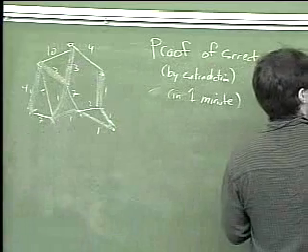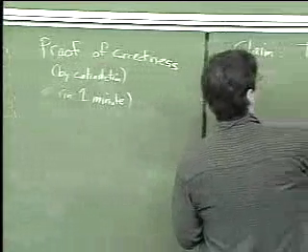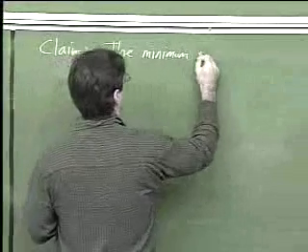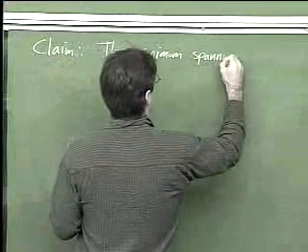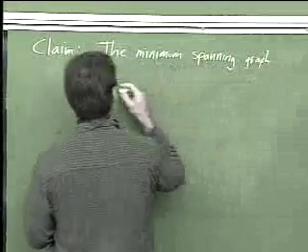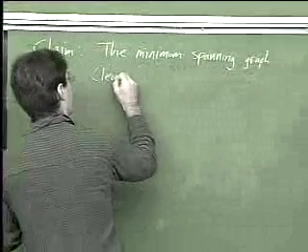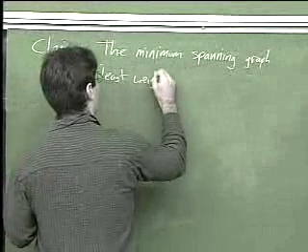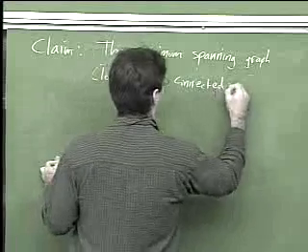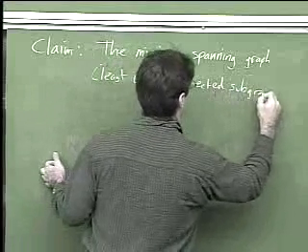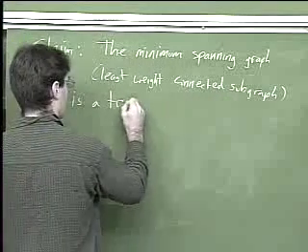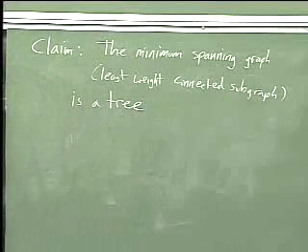So claim: the minimum spanning graph, the least weight connected subgraph, is a tree.